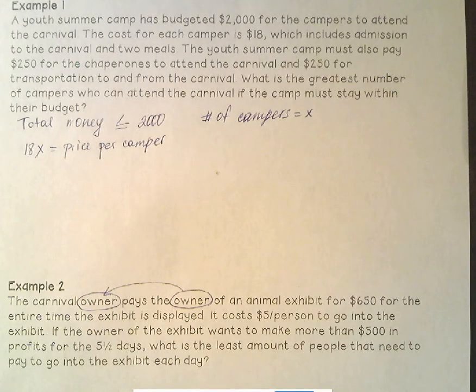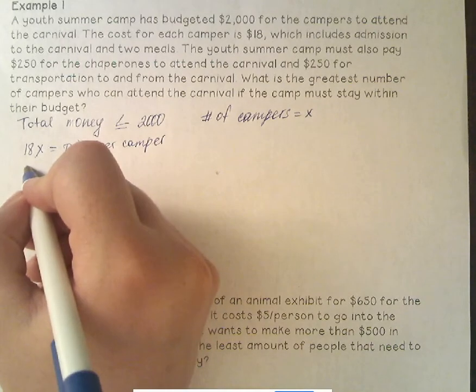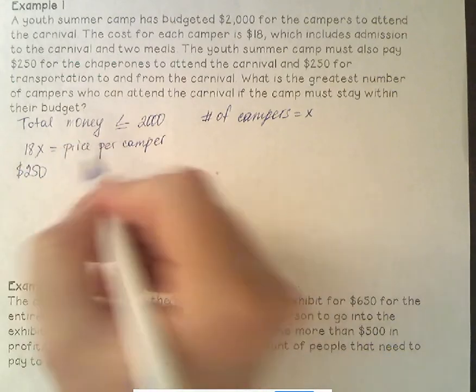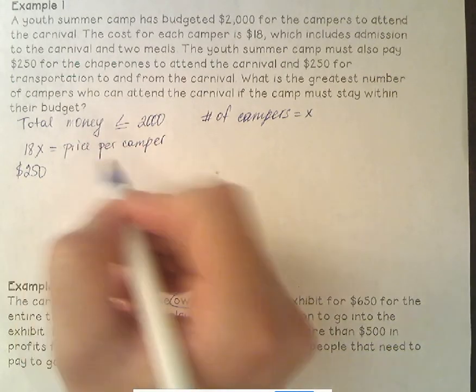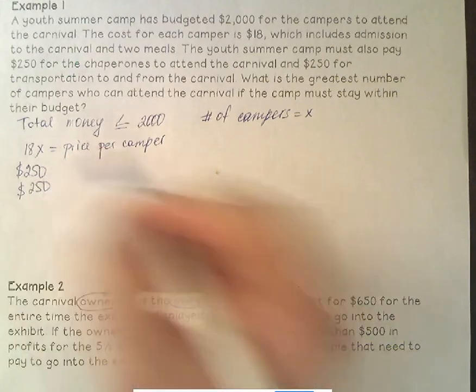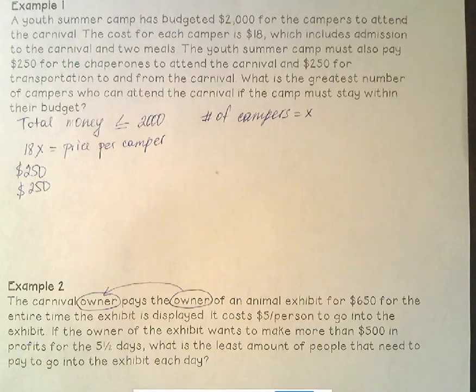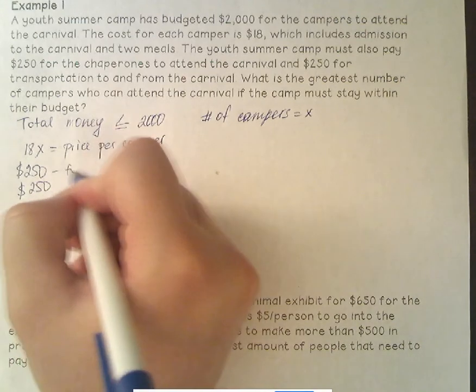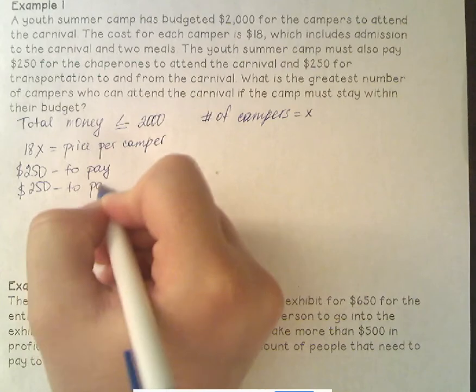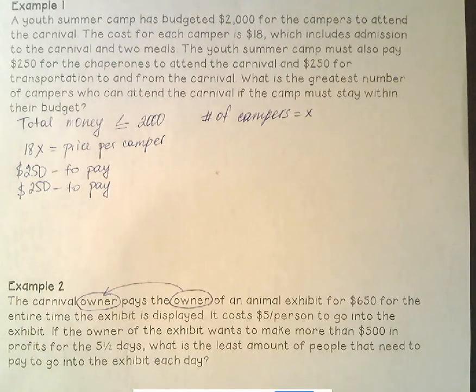And we also need to pay $250 and another $250. All right, so this is all we have, and this is all we need to solve our inequality.